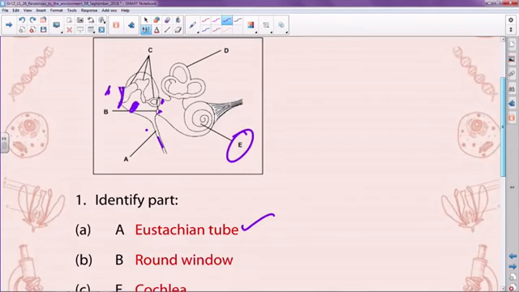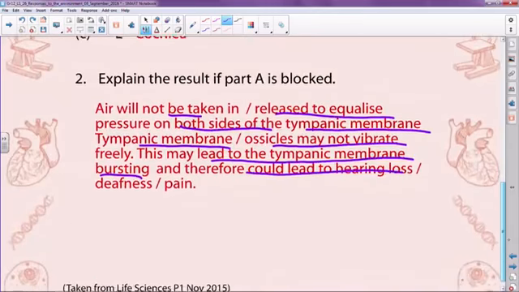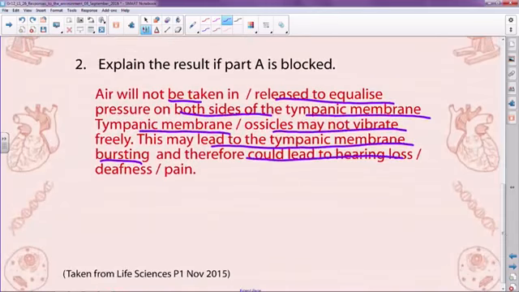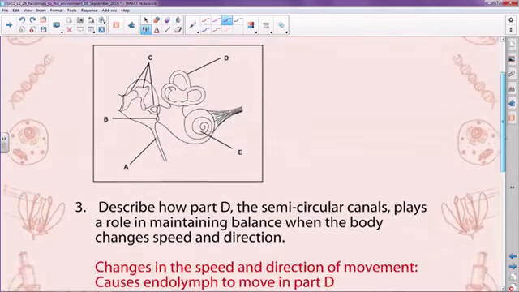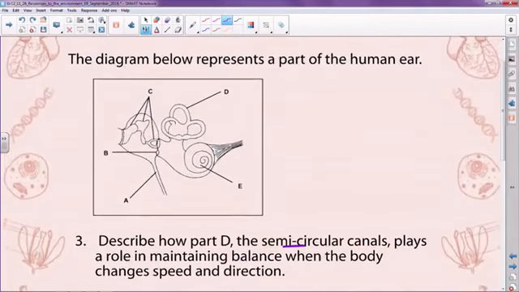And then the last question was, describe how part D, the semicircular canal, plays a role in the maintaining of balance when the body changes speed and direction.